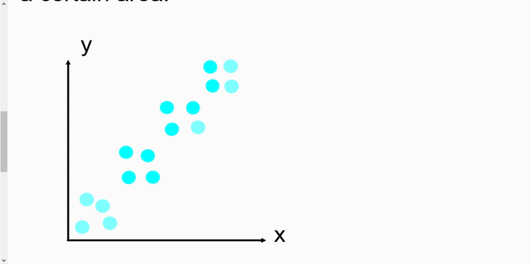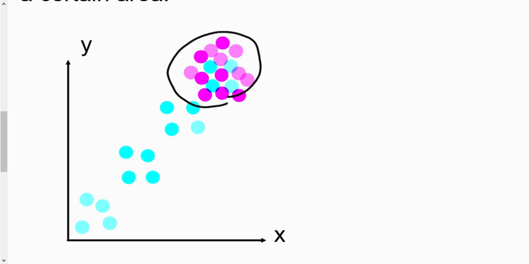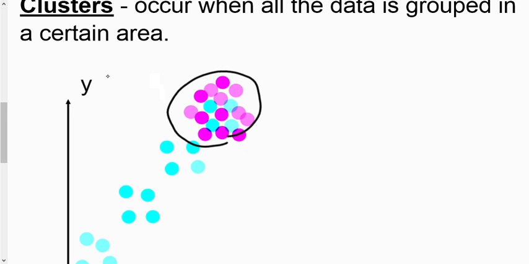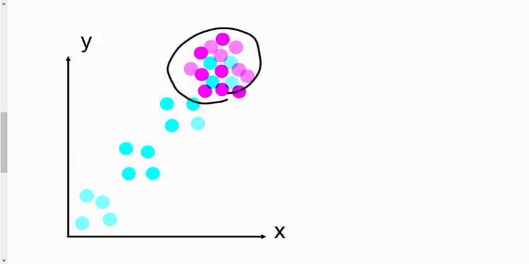But then if I saw at some point on the graph where there are a bunch of extra dots, like more than any other spot, and you can see here there's just a ton of dots right here, you would say this area right here would be clustering. That occurs when all the data is grouped in a certain area, or at least part of the data there.